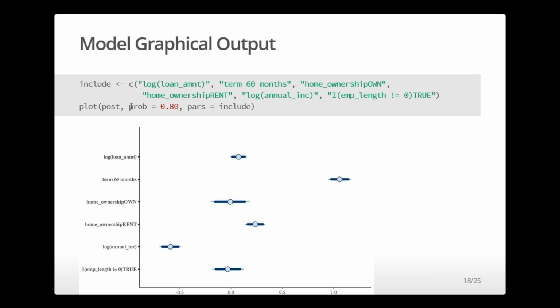We've specified in the call that we want uncertainty intervals of 0.8. So basically what this means is the thick blue lines constitute an interval for which we believe, based on our model, conditional on the data, that the true coefficient lies within the dark blue interval with probability 0.8.